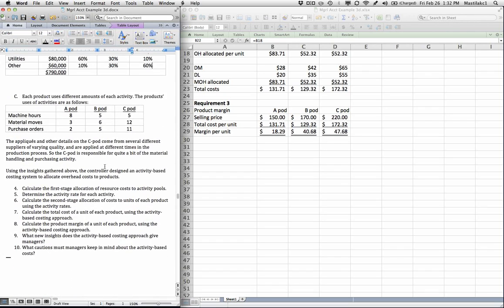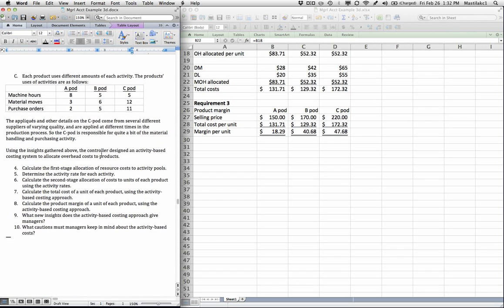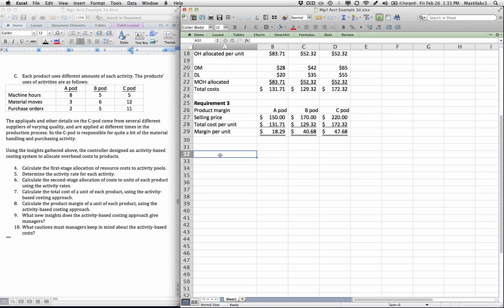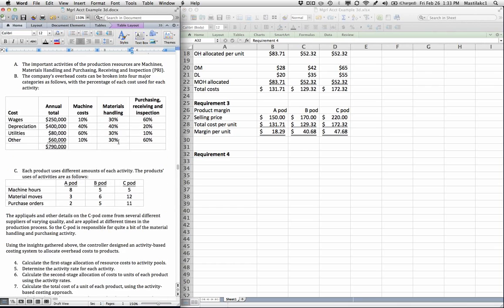So using the insights gathered above, the controller designed an ABC system to allocate overhead costs to products. So how would that look? The first thing we have to do is allocate resource costs to activity pools. So let's go ahead and do the first stage allocation.